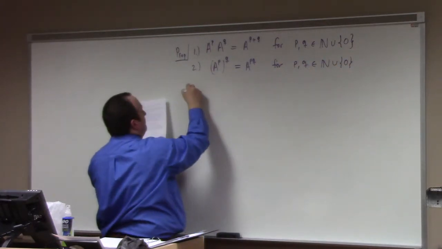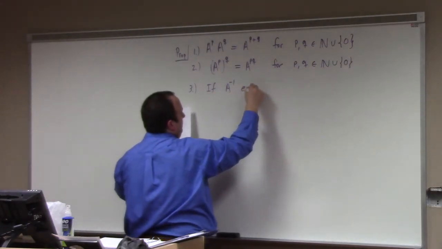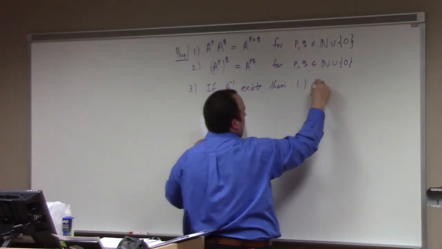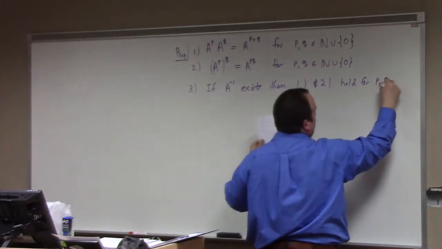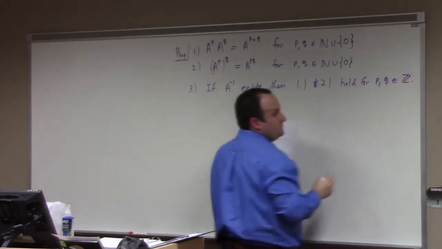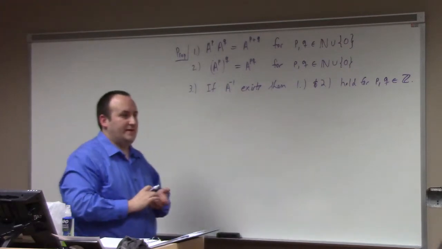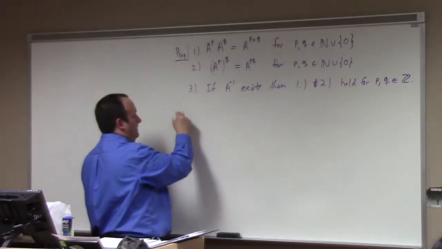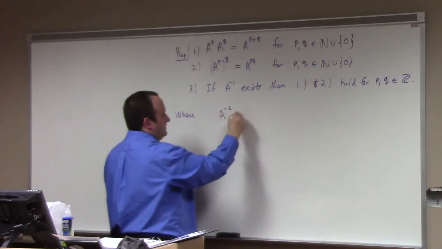And 3, if A inverse exists, then 1 and 2 hold for p and q in the integers. The main question you might have is, what do we mean by the -2 power of a matrix? So what's A to the minus 2? How's that defined?